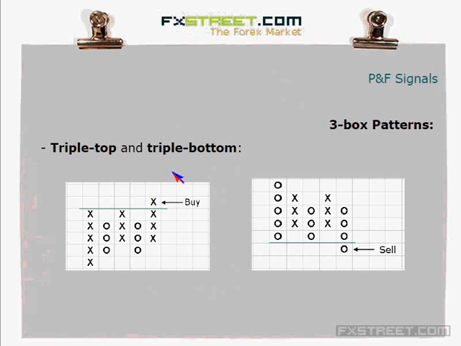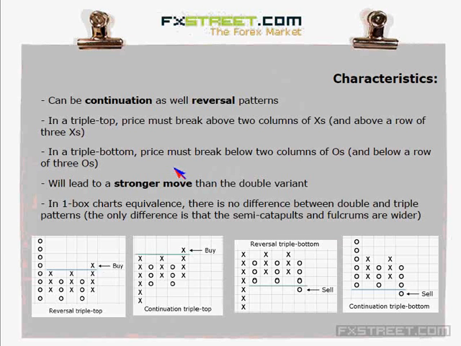Okay, these are also easy to recognize, and they will lead usually to a stronger move. Okay, this is understandable because there is more friction. The battle in the support or resistance level takes longer in order to get the supply and demand out of balance and to have the final breakout.